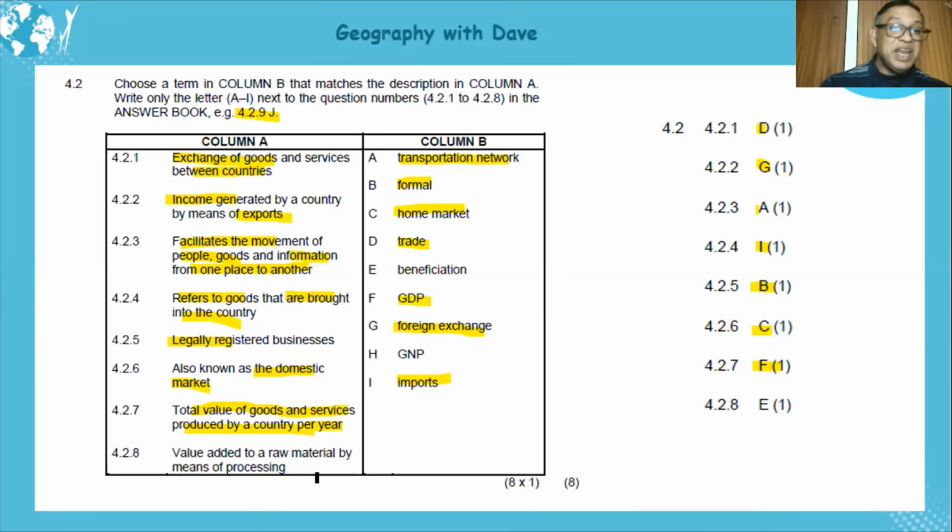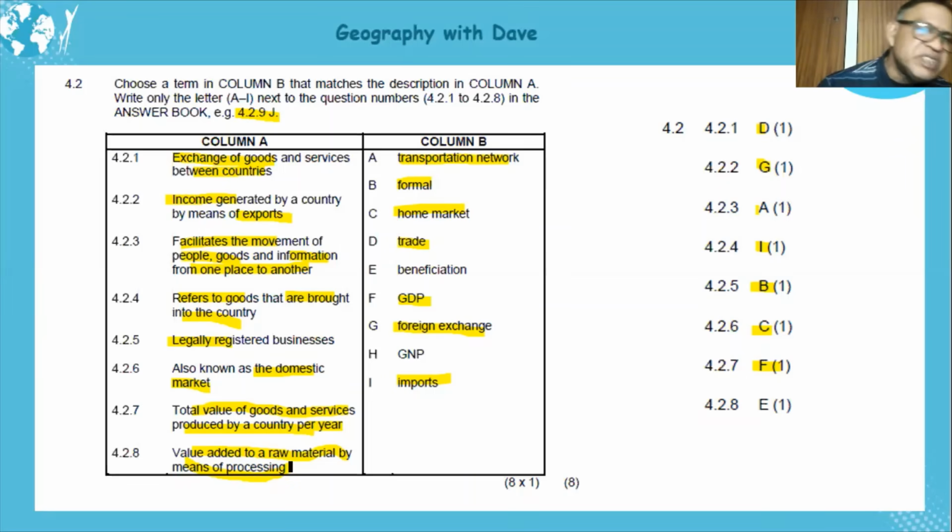Then the last one is value added to raw materials by means of processing. Remember it's explained slightly differently, where you replace imported goods by producing your own. Now I'm not sure. I'm saying, whoa, value added to raw materials by means of processing. Okay, I think it's beneficiation.